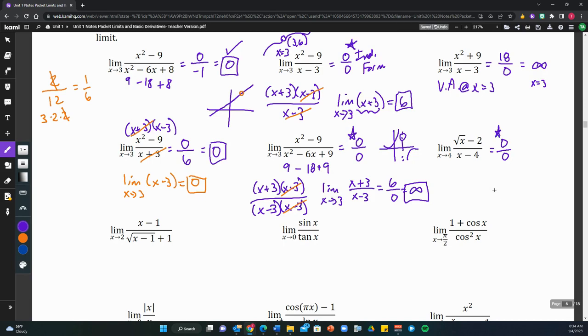When you have radicals involved, we can have 0 in top or bottom, but the reason that 0 is in both is because of this radical part. So this is called rationalizing the numerator. You have seen rationalizations in the past when you have a square root in the denominator and you've been asked to multiply top and bottom by that square root, and they end up canceling each other out, and you're just left with an expression that does not have a square root in the denominator.